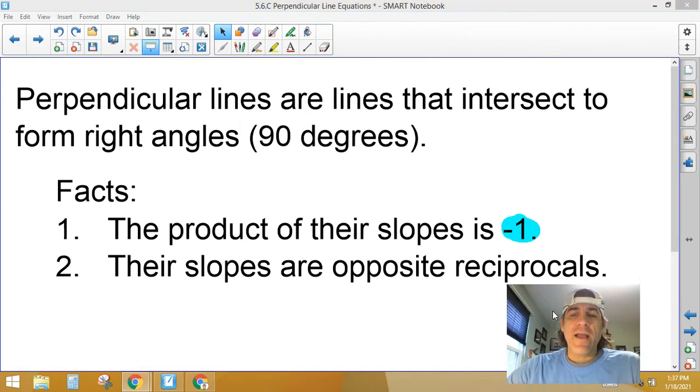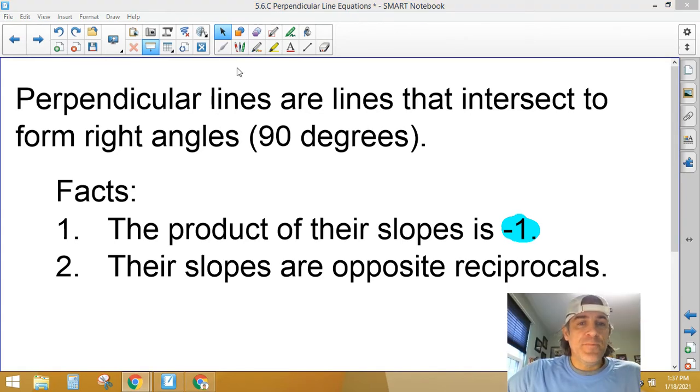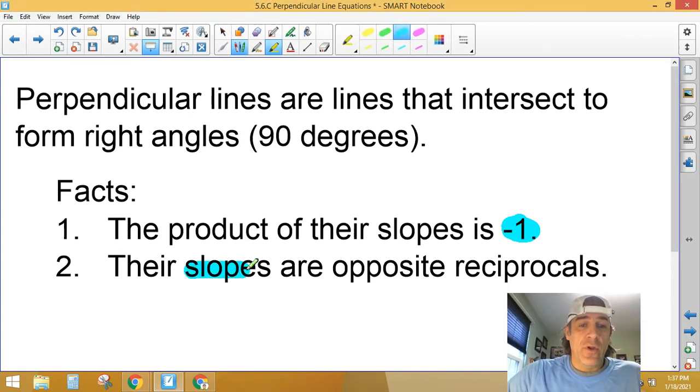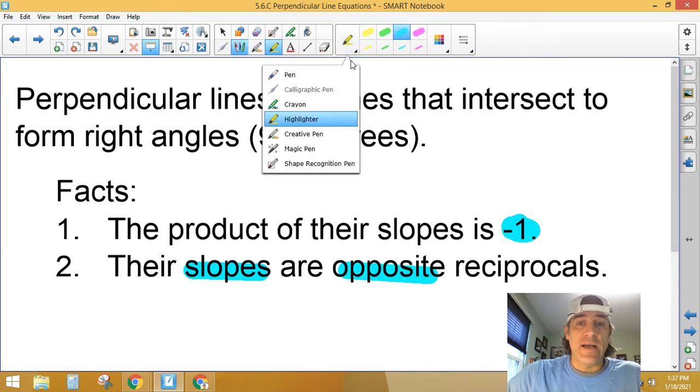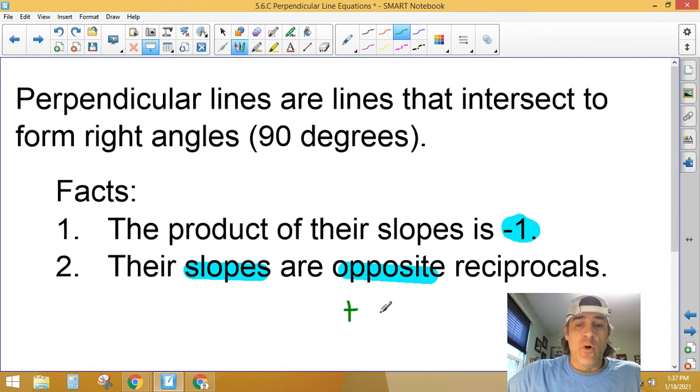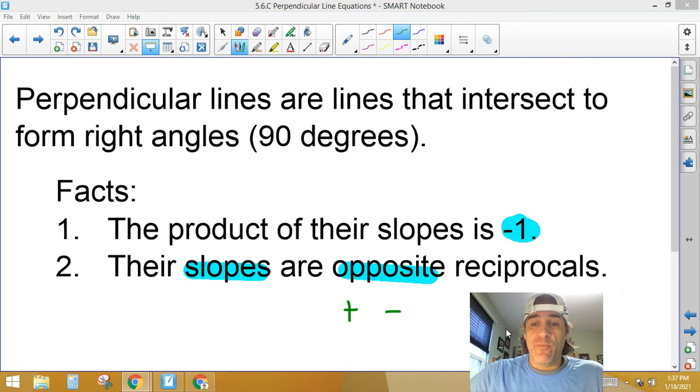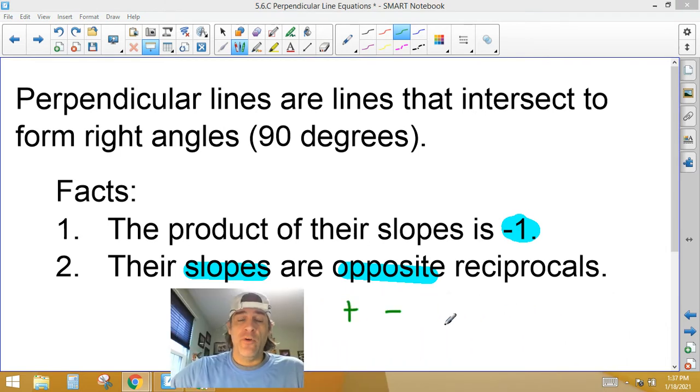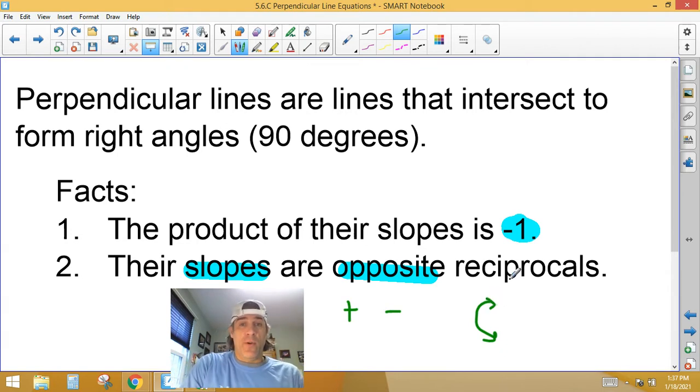But backtracking a little bit, what that means is their slopes are opposites, which means one will always be positive and one will always be negative, and reciprocals. A reciprocal is when you take a fraction and the numerator and the denominator flip. So they are opposite reciprocals if the lines will be perpendicular.